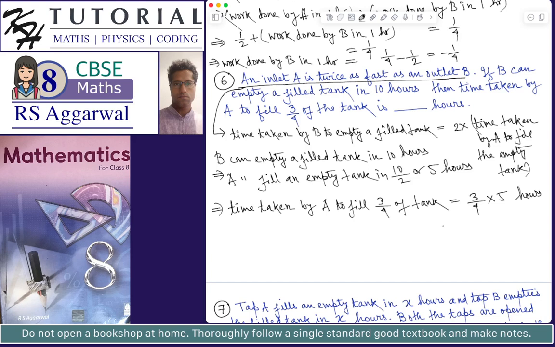So this is equal to 15 by 4 hours, which is equal to 3 and 3 by 4 hours. Now you can always convert it to hours and minutes. I am not doing that.